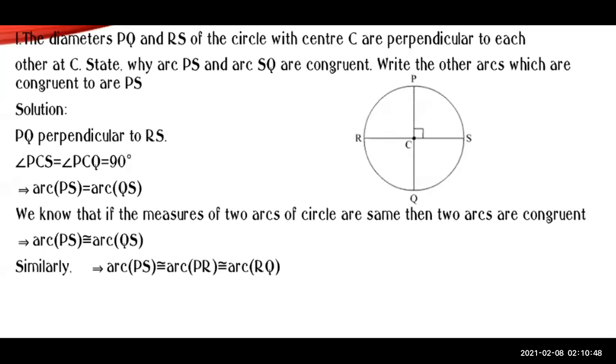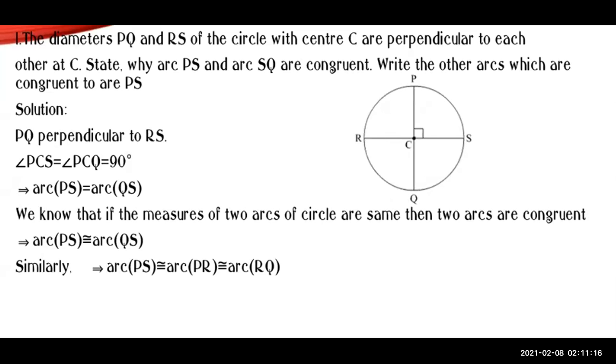Here the second statement will be angle PCS is equal to angle QCS, that is also 90 degrees. Then arc PS will be congruent to arc QS.